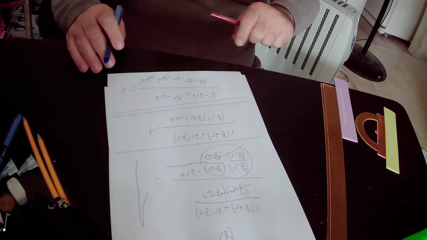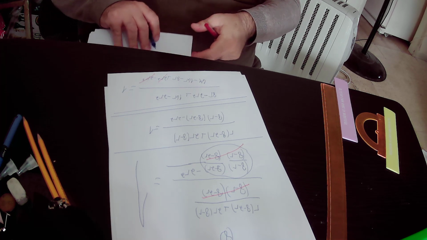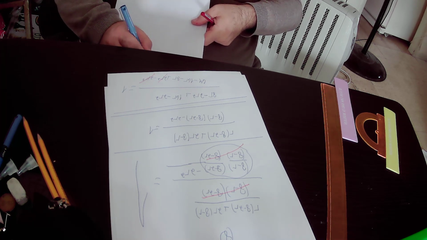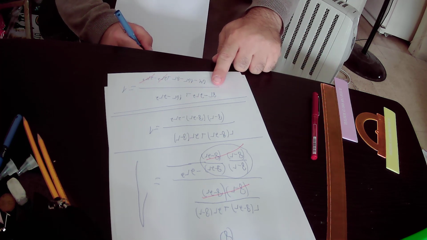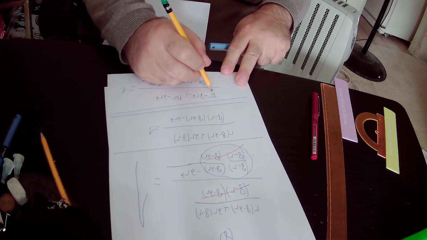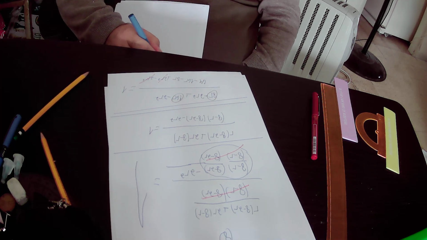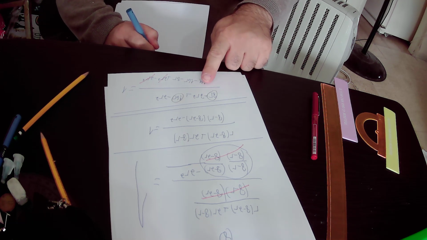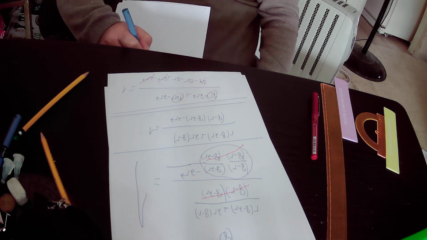So what is left after we cancel these two expressions is actually, here we have 8r plus 16r is 24r, and we have here minus 2r squared minus 2r squared is minus 4r squared.